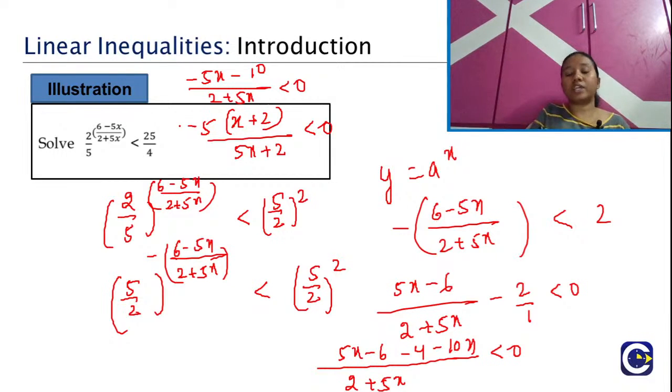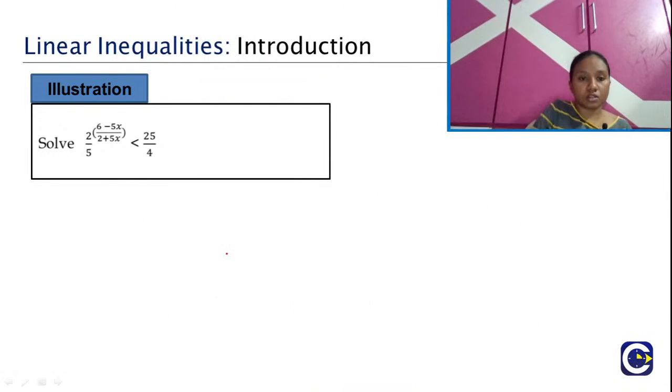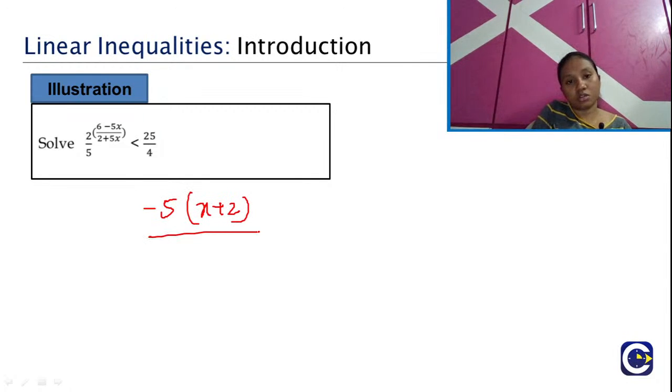So now I have to eliminate this minus 5. So I am going to divide with minus 5. If I am dividing with a negative value, there will be a change in the sign. So let me erase this, guys. So now I am having minus 5 into x plus 2 divided by 2 plus 5x less than 0.